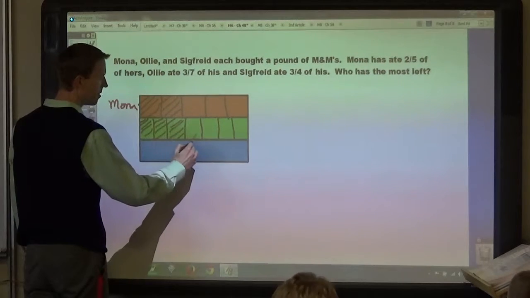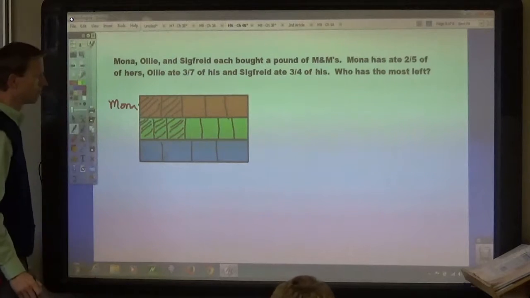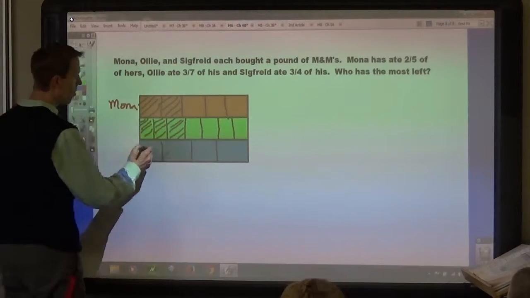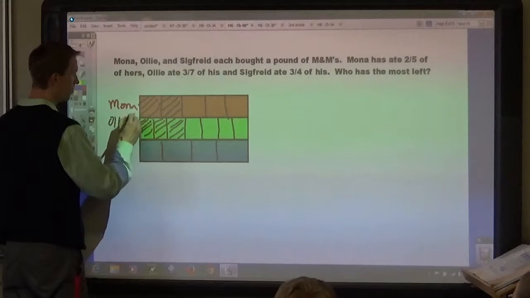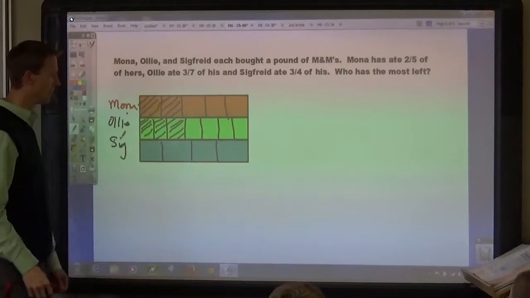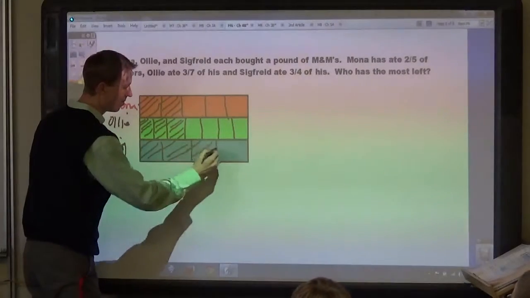So we need 3 lines here. And can you eliminate one of these? So this is Ollie, and this is Siegfried. Siegfried doesn't have the most, does he?